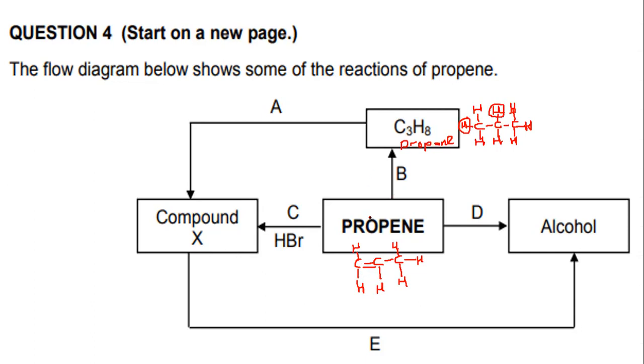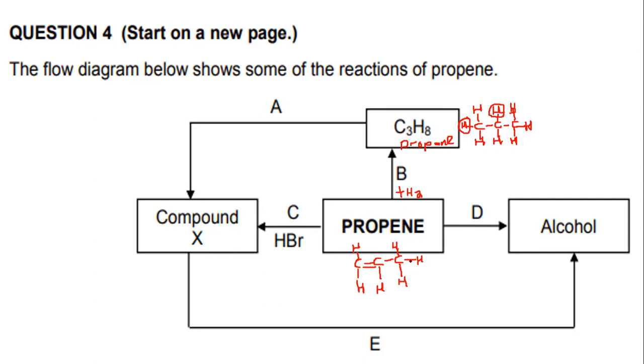In other words, there is another molecule that was not shown, and that must have been H2. So it's propene plus hydrogen gas, and it gives me propane. Then we check if it is balanced.